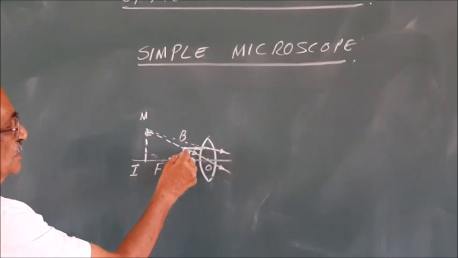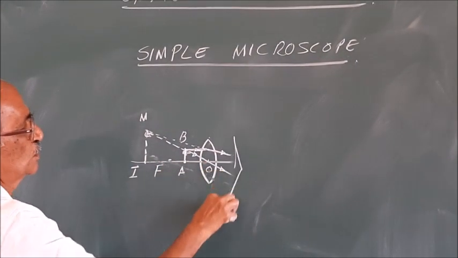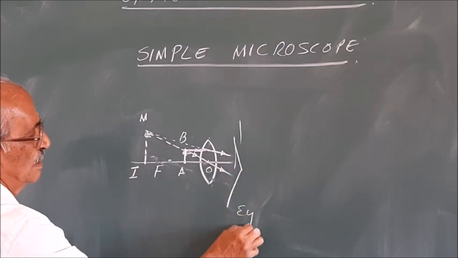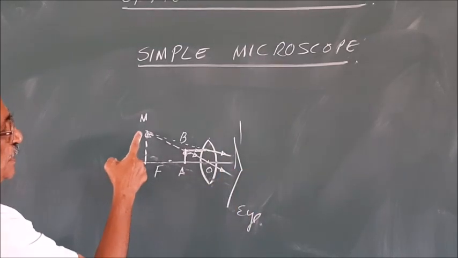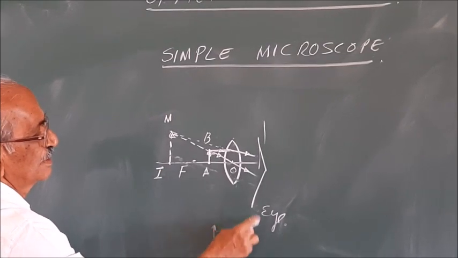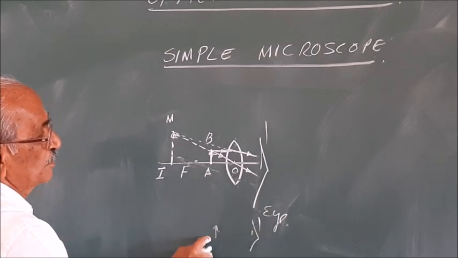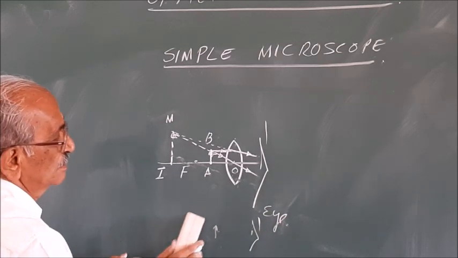Seen through the eye, it appears like this. If you had seen only the object through your eye, you would not have seen it very clearly, but it is possible to see it clearly here.